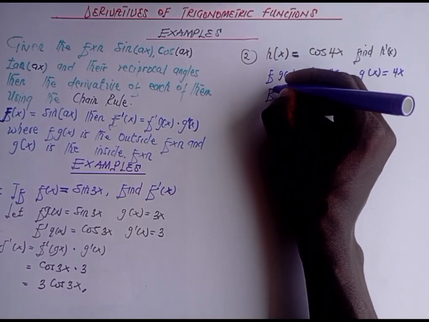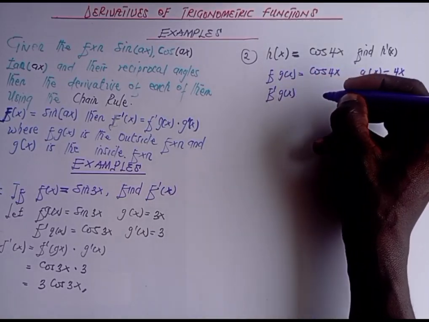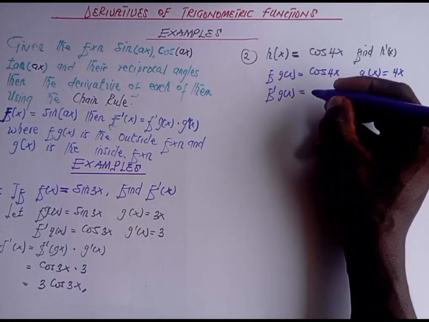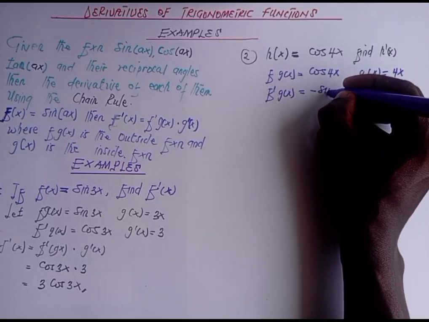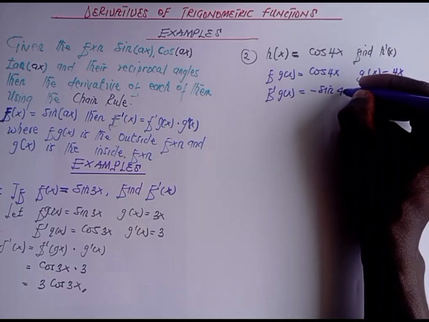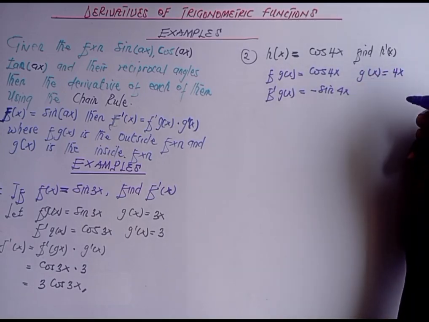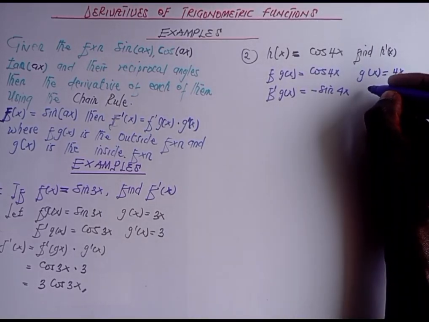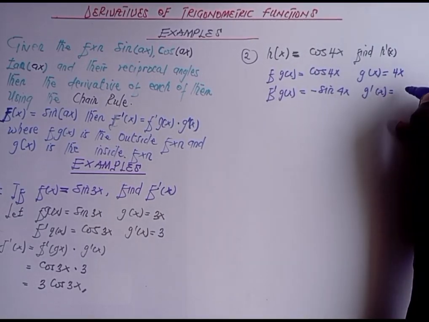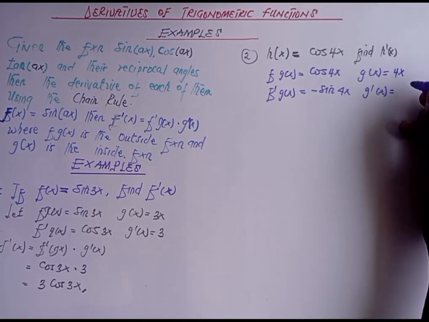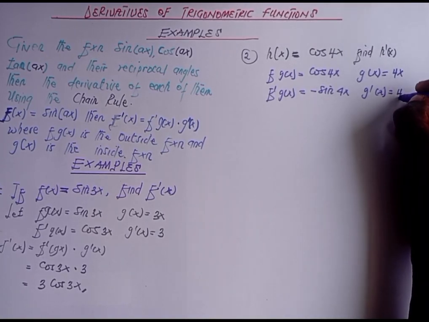When we differentiate cos, we get negative sine, and we have our 4x. After that, we differentiate the inside function, and when we differentiate 4x, we get 4. So we get g prime at x.